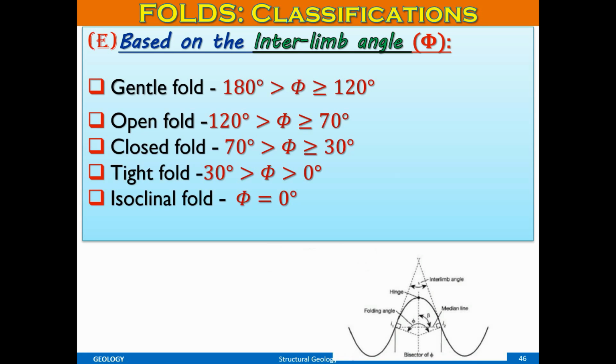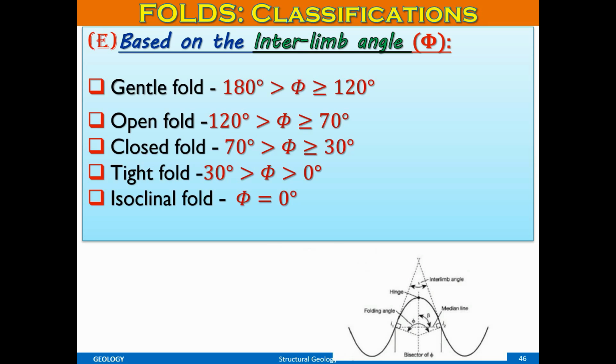Now, based on the interlimb angle, so what is the interlimb angle? Anyone? What do you mean by interlimb angle? Angle made by the tangents. From which point will I be making the tangents? From the inflection point, you remember the inflection point, right?